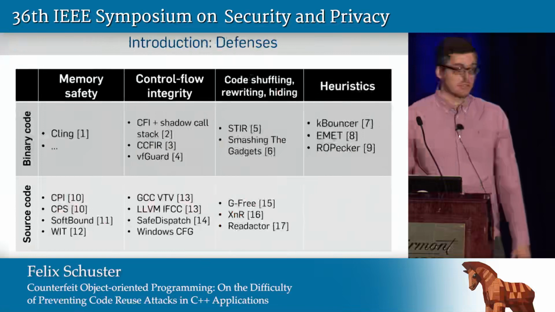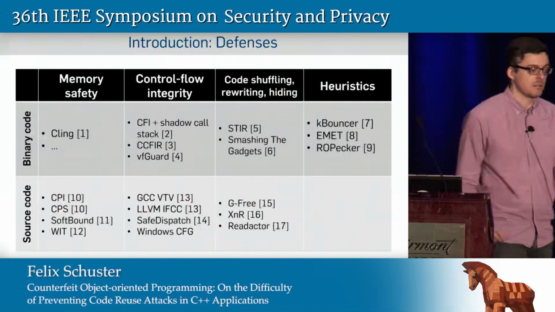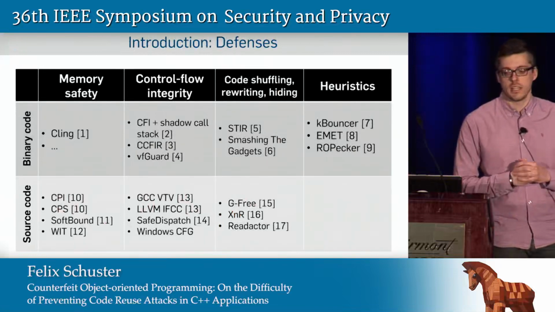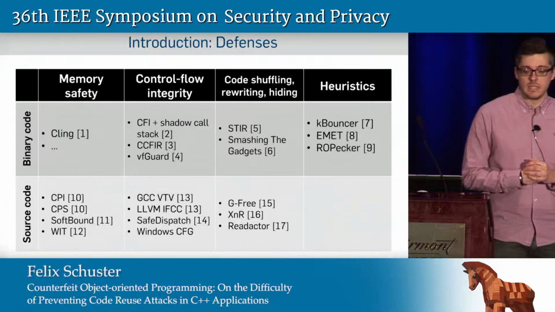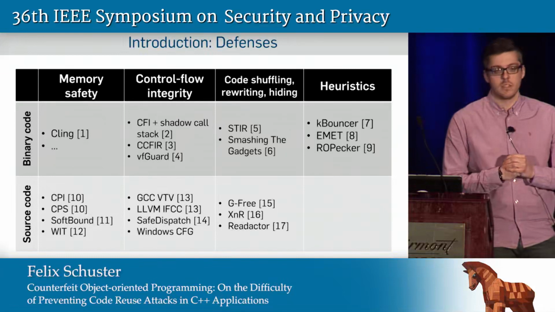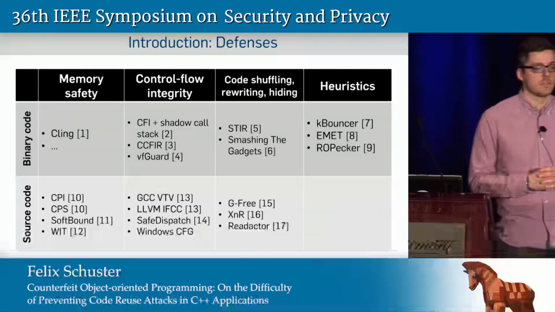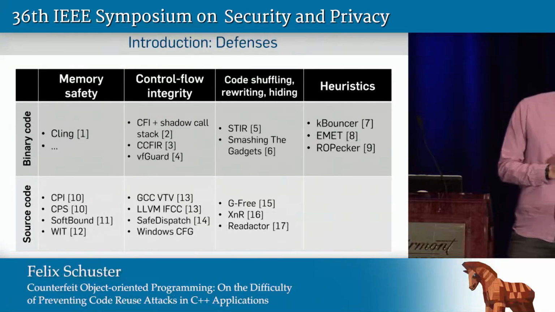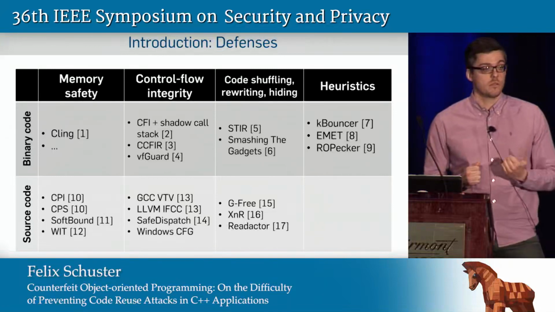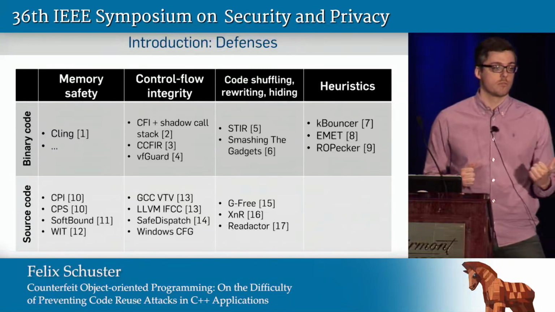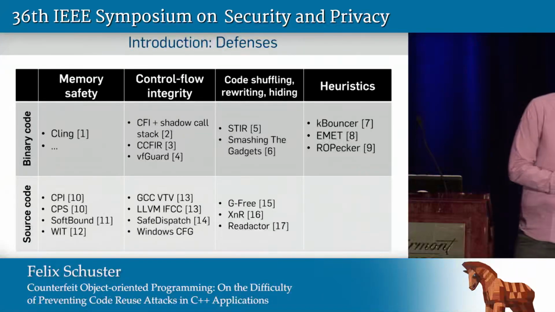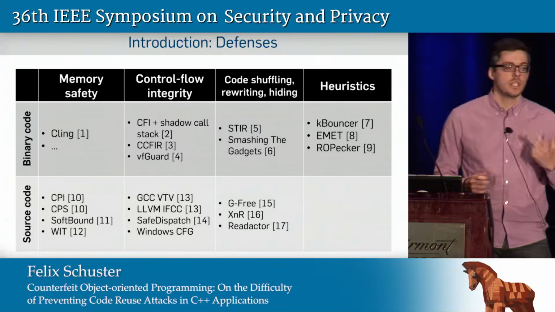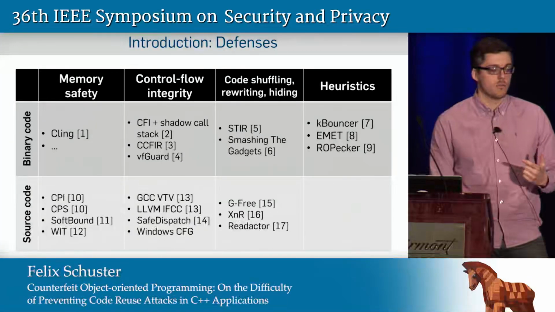As you may know, designing defenses against code reuse attacks is a busy field, both in academia and the industry. I think you can roughly categorize defenses against code reuse using this table. First, memory safety approaches try to prevent the initial control flow hijacking. Then there are control flow integrity approaches, which try not to prevent the initial control flow hijacking, but rather to mitigate the following code reuse step.